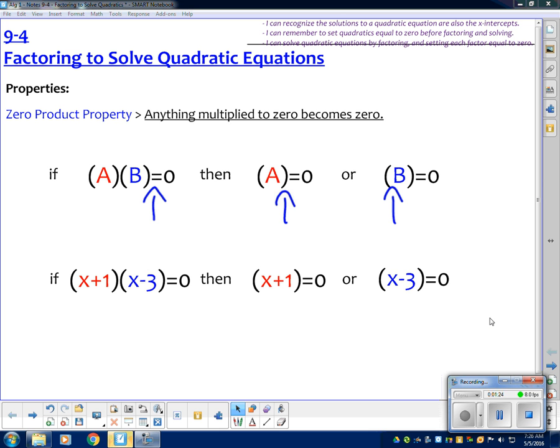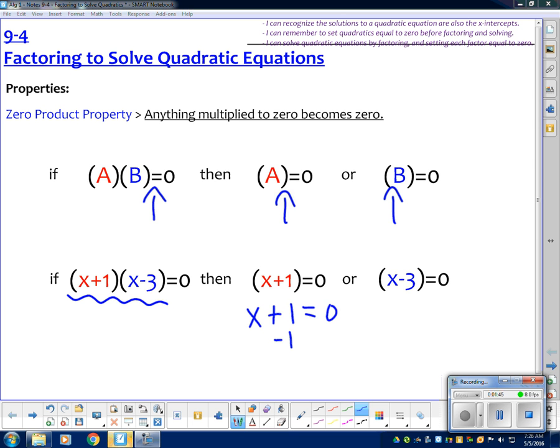So what we'll be doing is taking things in factored form. We know how to get it into this form, x plus 1 times x minus 3, set it equal to 0, and then by the zero product property, set each factor equal to 0. So either x plus 1 equals 0 or x minus 3 equals 0. Both of these are pretty easy to solve.